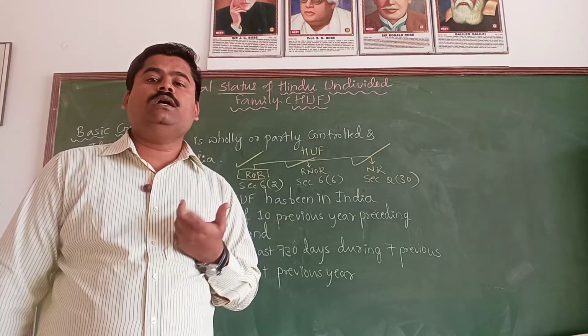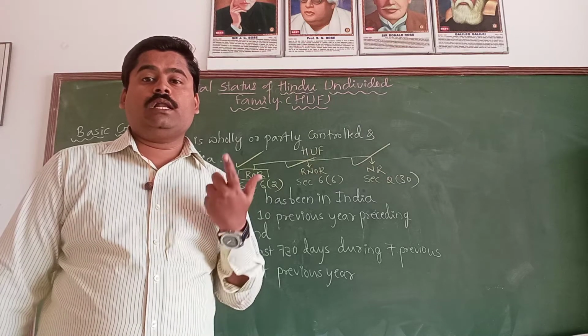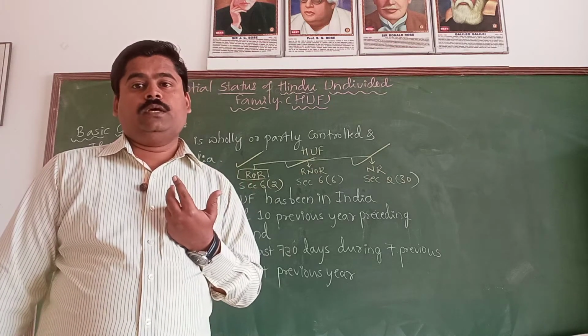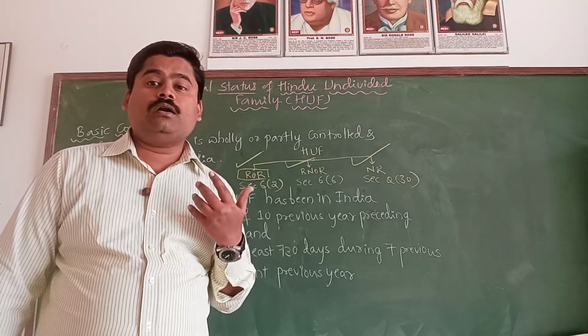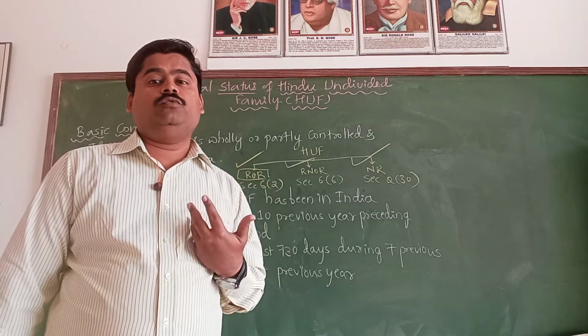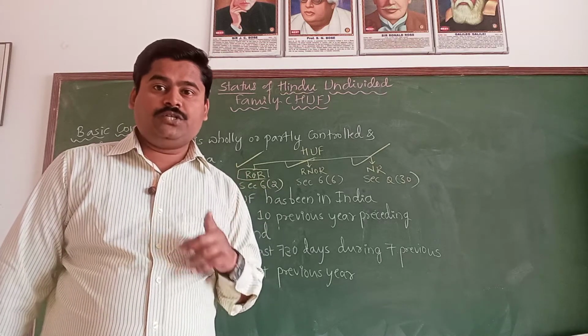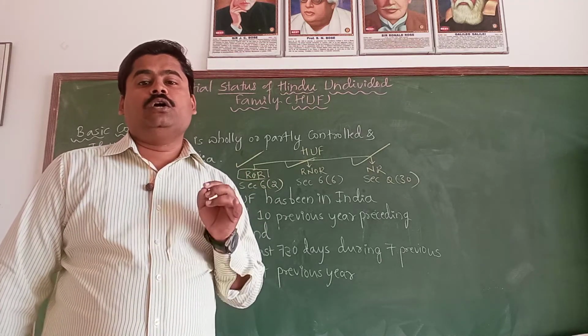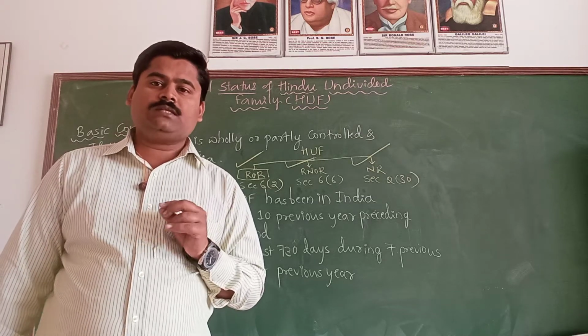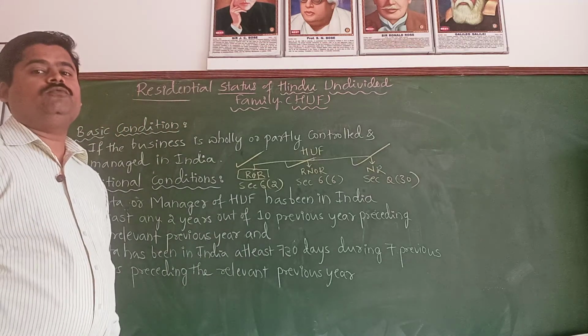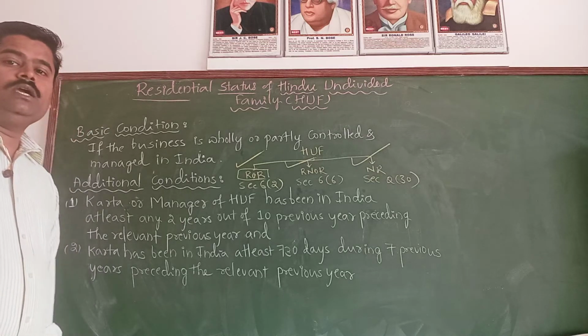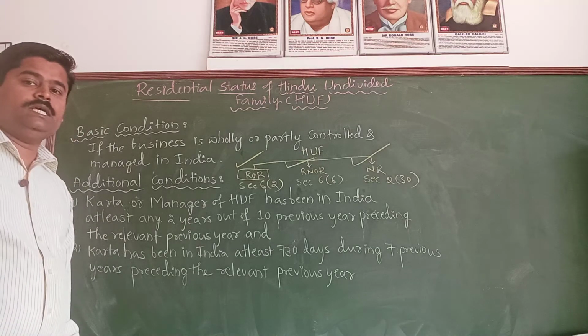And it is so called as the non-resident when it does not fulfill the first basic condition. So this is the brief literature of residence status of the Hindu undivided family business in India.